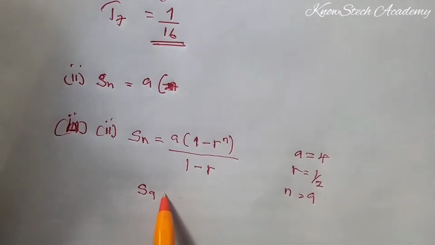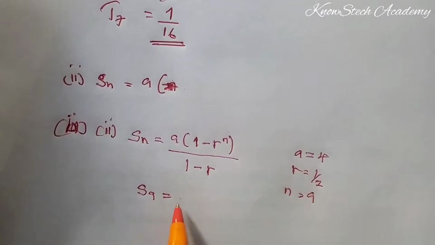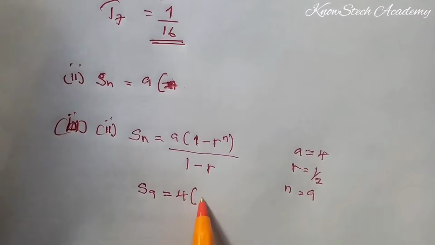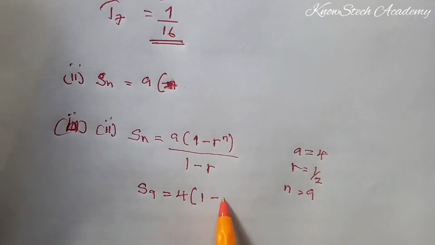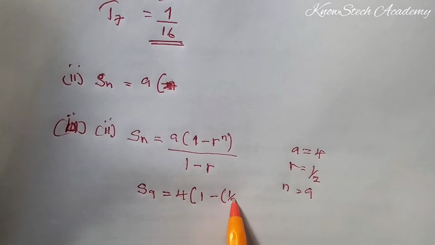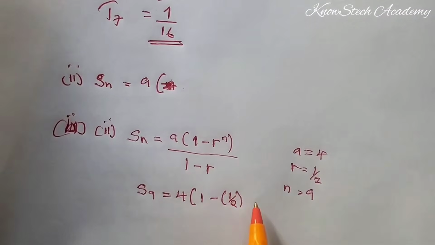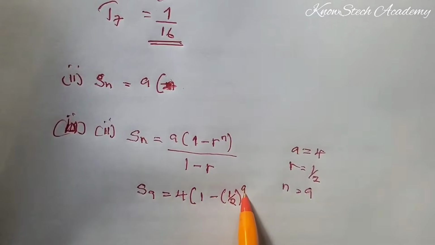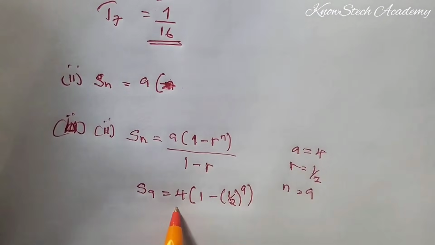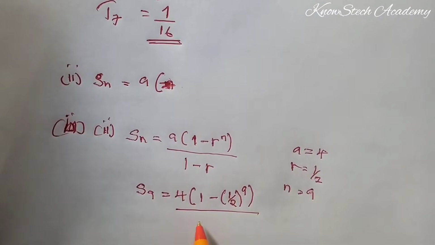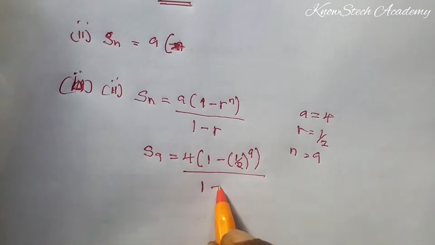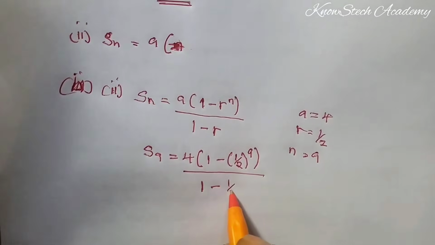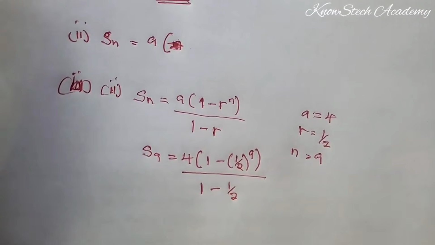S9 is equal to the first term, 4, open bracket, 1 minus R, which is half, 1 over 2 to the power n, which is 9, divided by 1 minus R, and the common ratio is just half.